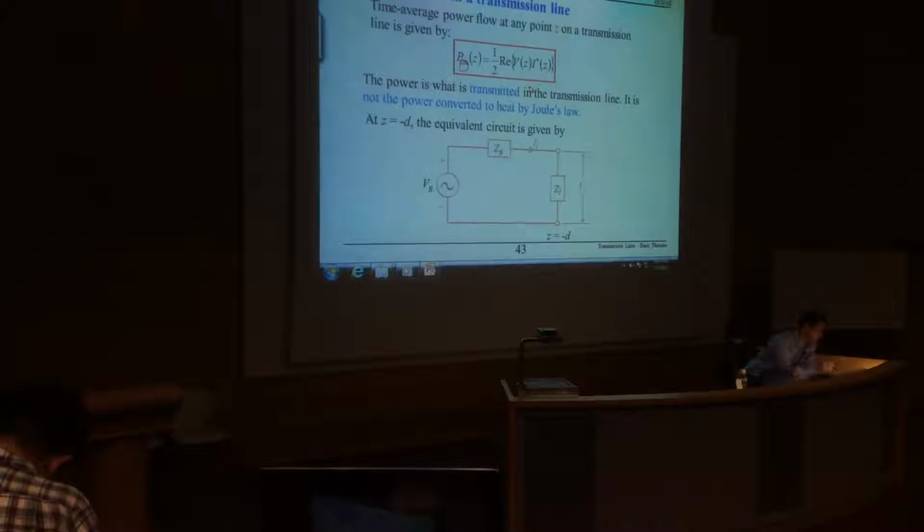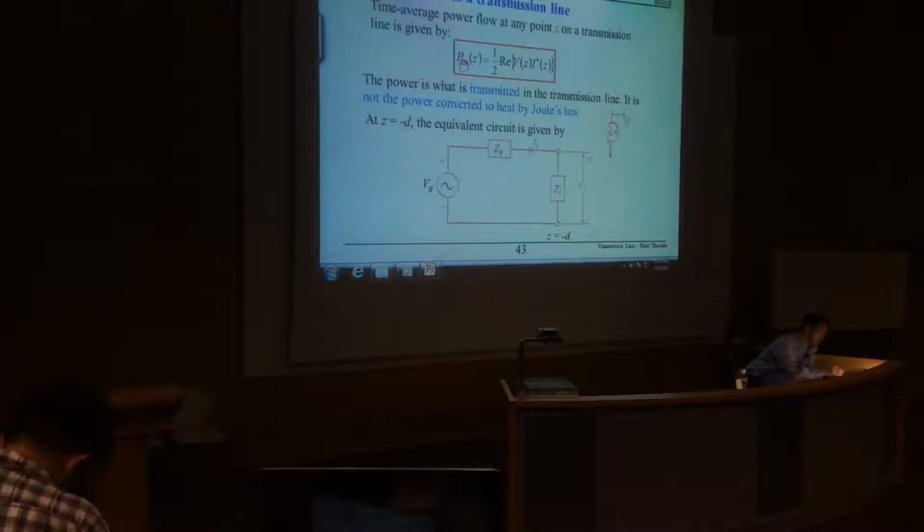At this location, the equivalent circuit. This equivalent circuit is for this VG, then one section of transmission line. This is one section of transmission line, which could be very long or very short.